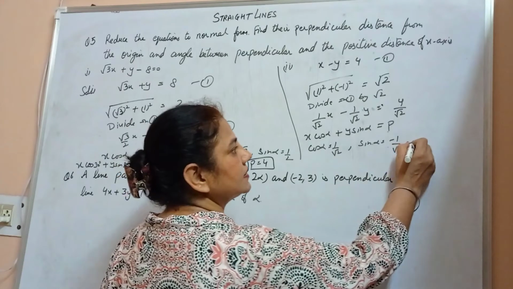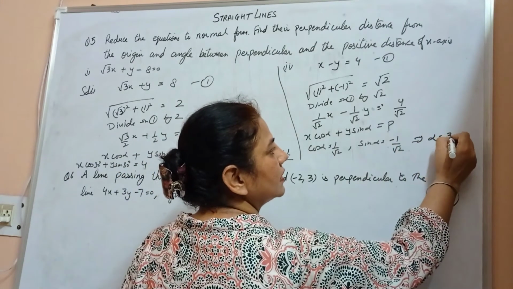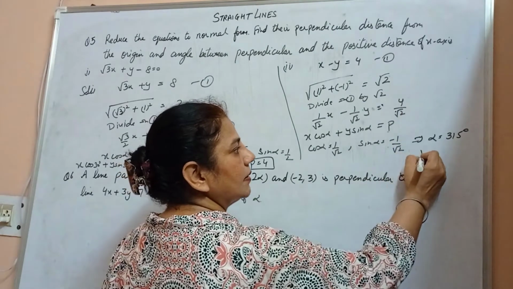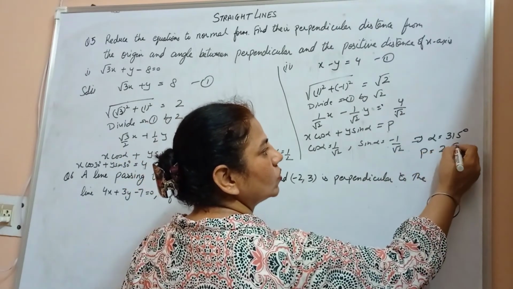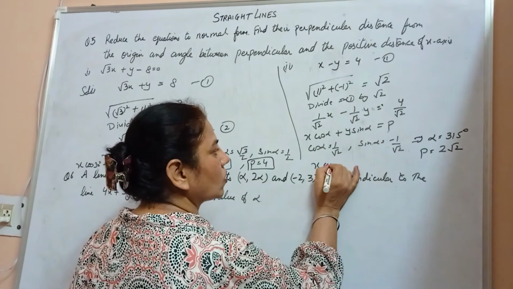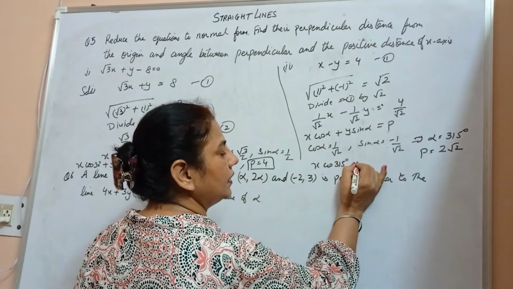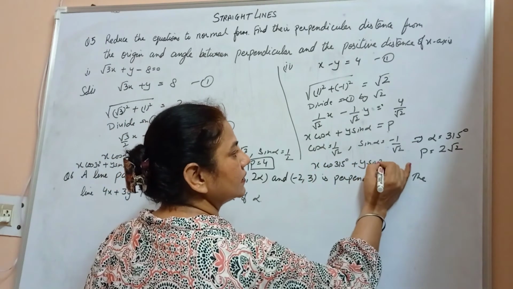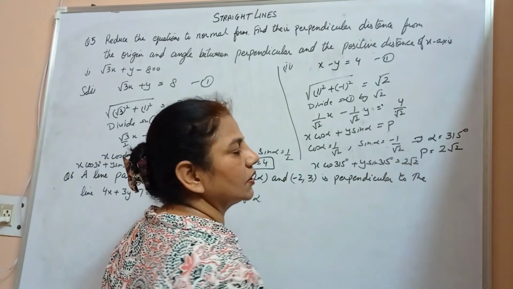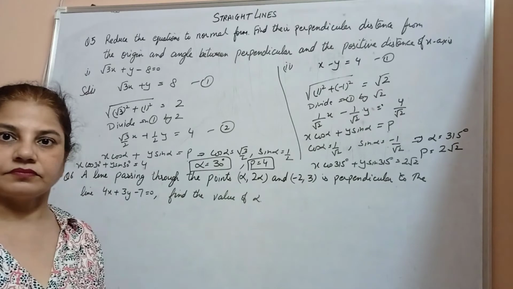So alpha is 315 degree, and the perpendicular distance is given as p is equal to 2 root 2. So equation reduces as x cos 315 degree plus y sin 315 degree is equal to 2 root 2, which is the required equation.